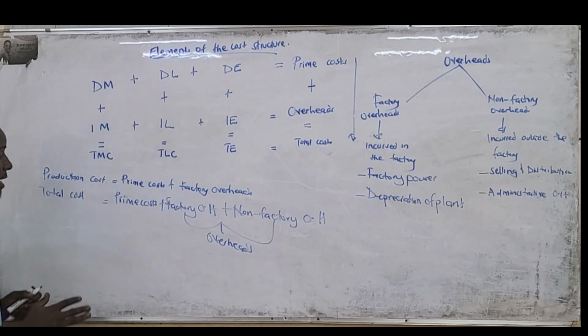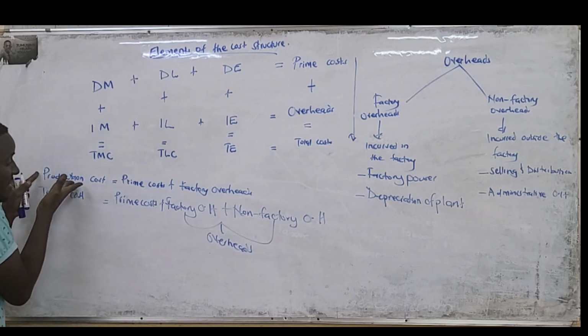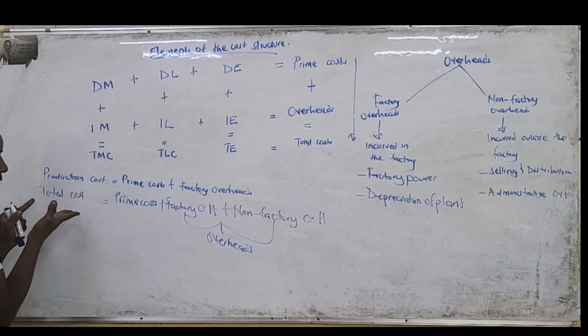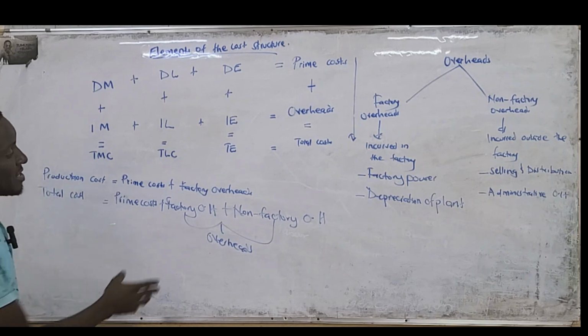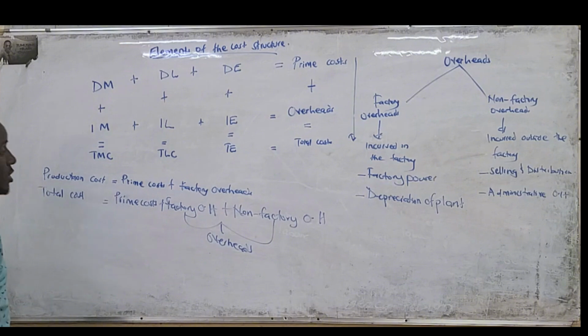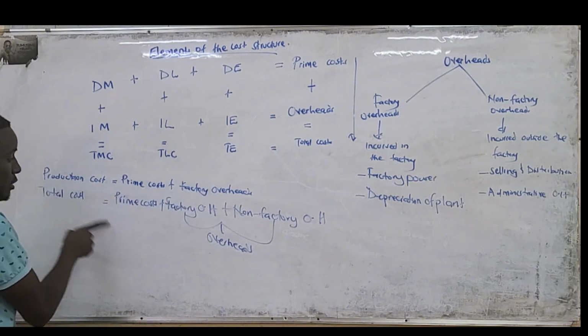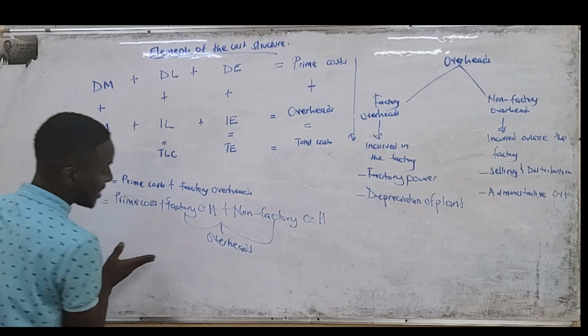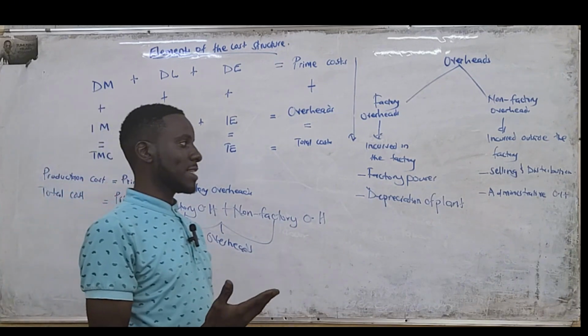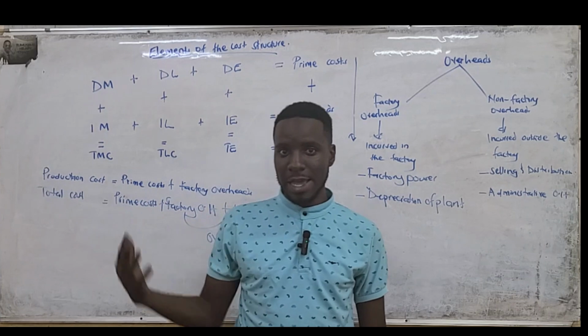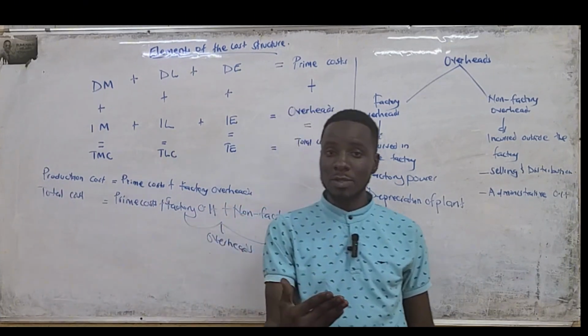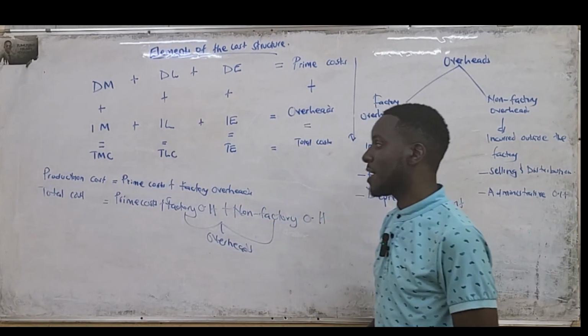Now, the question might come and ask you to give a difference between the production cost and total cost. So the difference is only that in the production cost, we shall only take factory overheads and the prime cost, whereas under total cost, we shall take the prime cost and then the total overheads. So that's the difference there. In case a question comes and asks you that, that's how you should answer it.